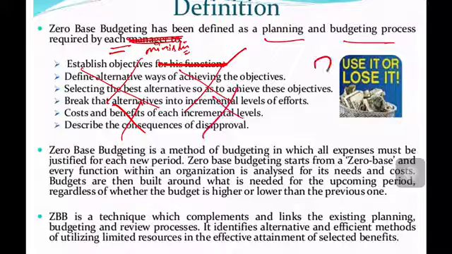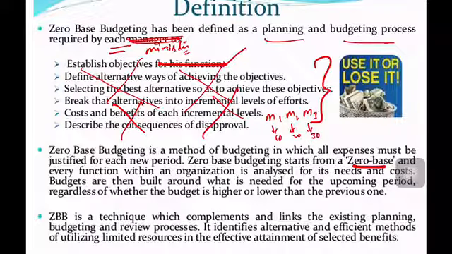It is a method of budgeting in which all expenses must be justified for each new period. Zero based budgeting starts from a zero base. Last time I told you, ministry 1, ministry 2, ministry 3: 10 crore, 20 crore, 30 crore. Next year M1, M2, M3, you allocated 10 crore, 20 crore the same, but increased this to 35 crore.